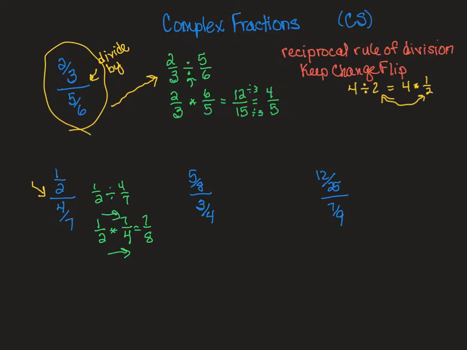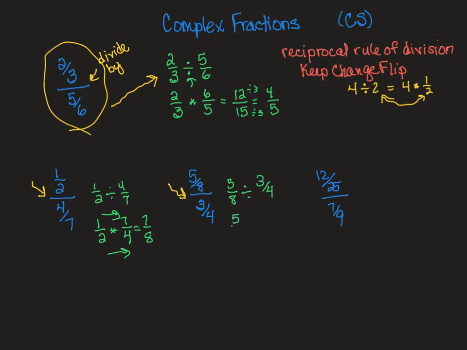Okay, now I'm going to do the next one. Same deal. You should be getting that in your head. You're thinking, okay, this scary-looking complex fraction is actually 5/8 divided by 3/4. So I'm going to write that, 5/8. Notice I put the numerator first, divided by 3/4.